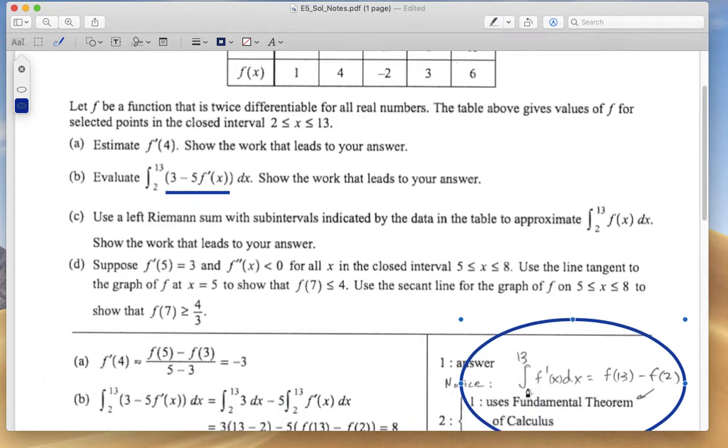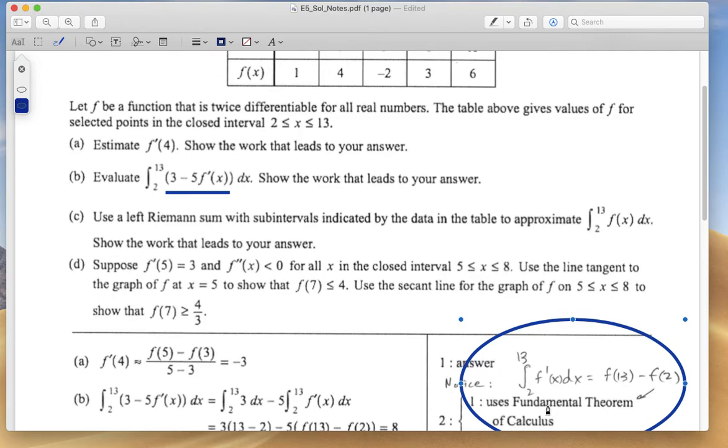How do you find a definite integral? You find an antiderivative. What's the antiderivative of f prime? Why, it's f. So here's just a kind of a side thing. This takes this thing, which is more complicated, and simplifies it down to that part.